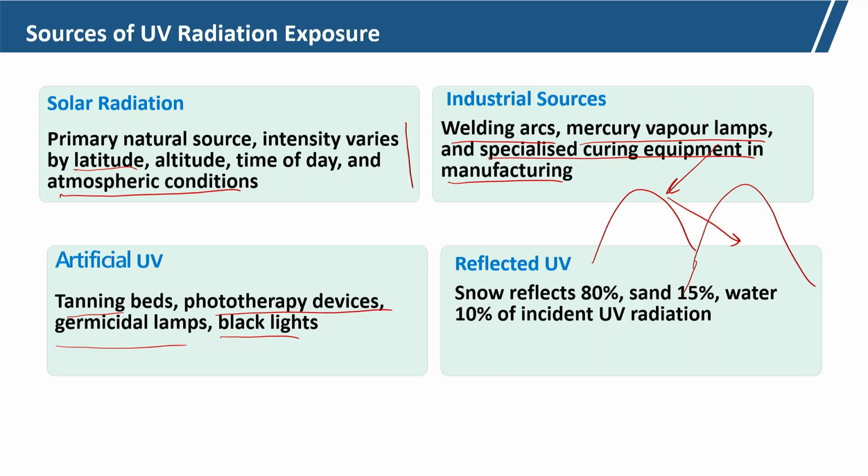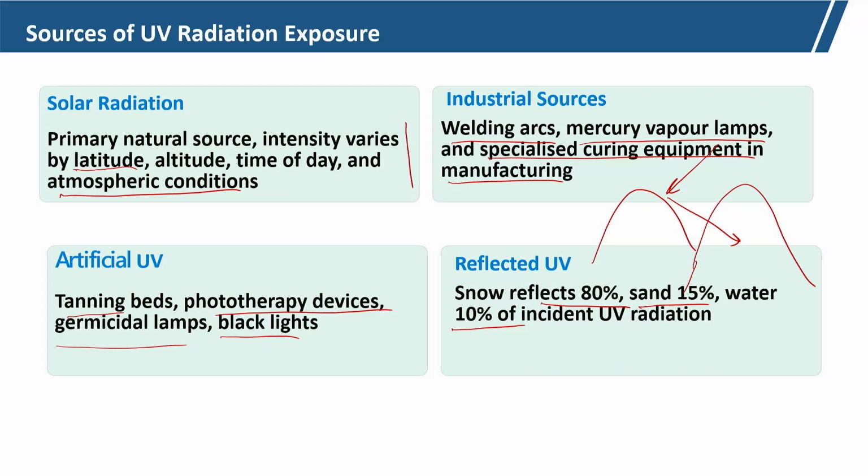Snow reflects the UV ray very well, at least 80% of UV ray is reflected by snow, from sand it is 15% reflection, and water reflects 10% of UV radiation.